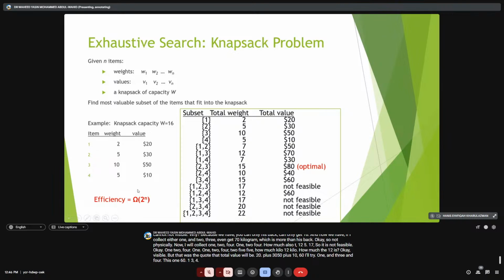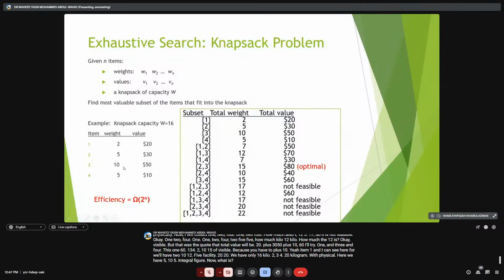1, 3, 4: 2, 10, 15, not feasible. Because here items 1, 3 and 4 we have 2, 10, 12, 5, 17. 17 is not feasible. We have only 16 kilogram. Items 2, 3, 4: 5, 10, 5, 20 kilogram, not feasible.